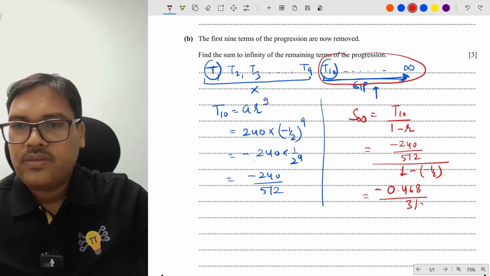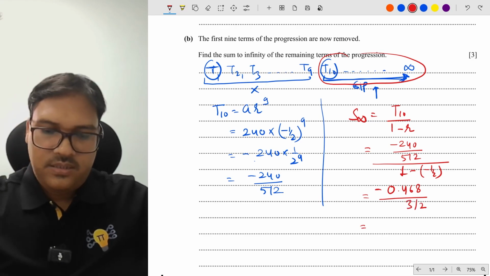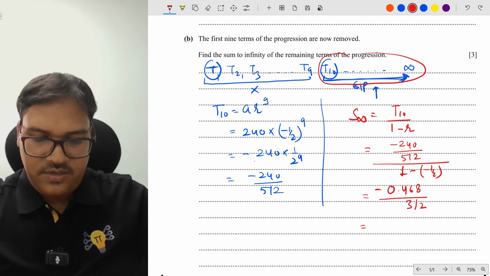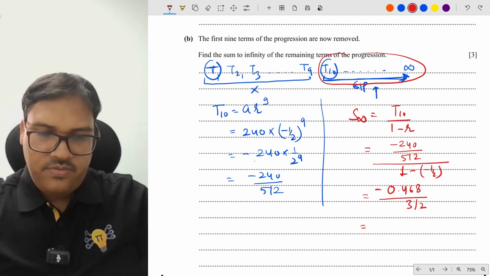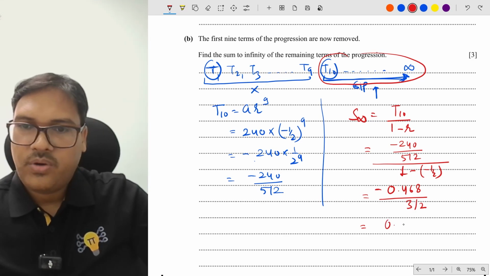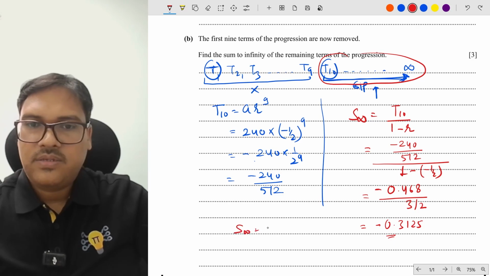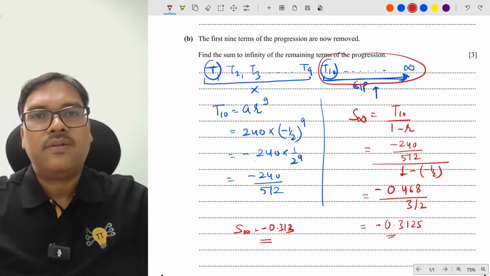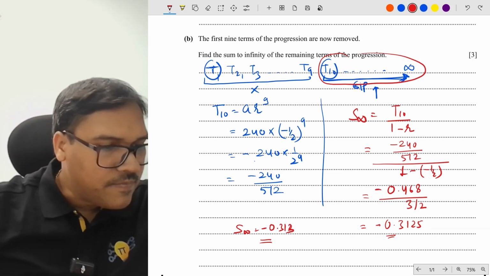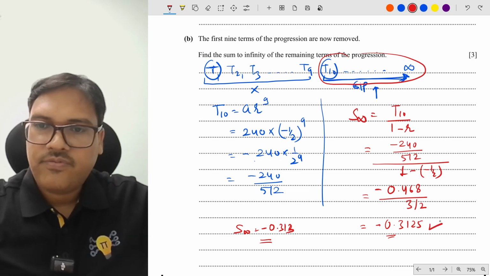So this will become 3 by 2, or 1.5. So the answer is negative 0.3125, or you can say negative 0.312. That is the answer to this question. So let's check the answer. This is the correct answer for this question.